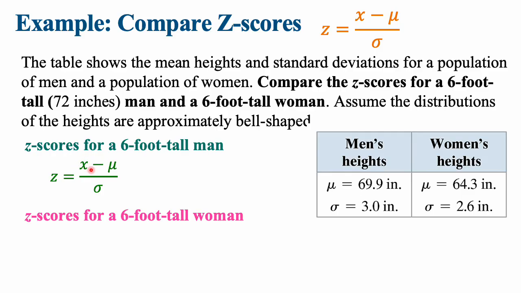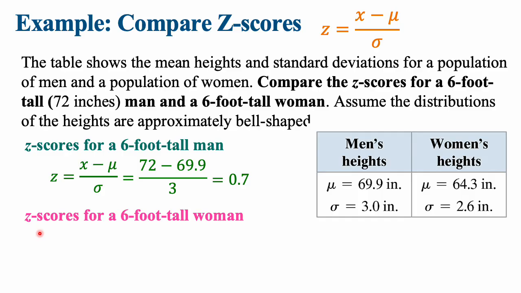Z is x minus mu over sigma. X is 72, minus the mean height for men, 69.9, over the standard deviation 3. That gives a z-score of 0.7.